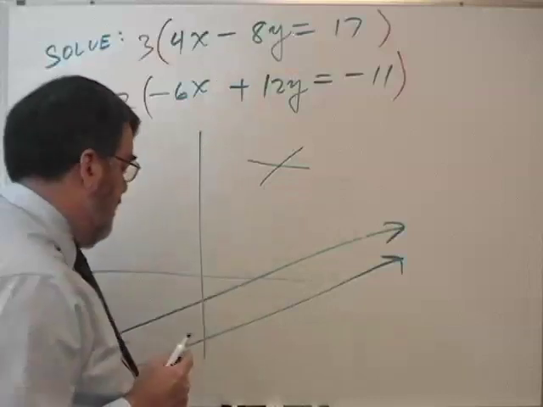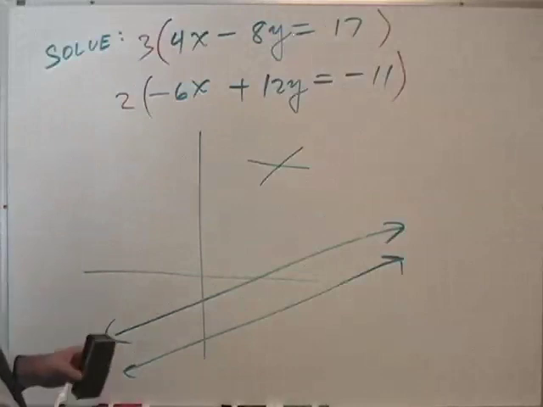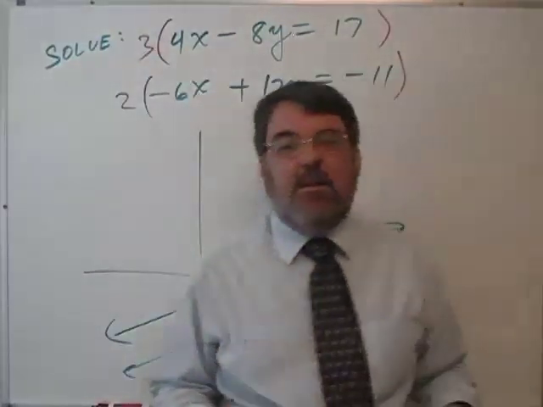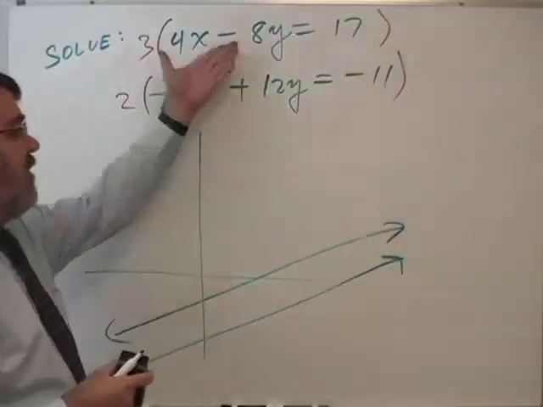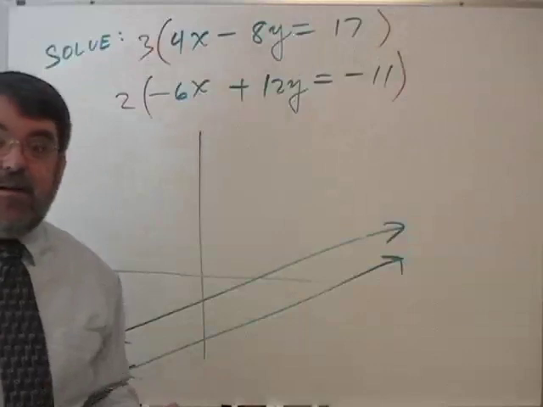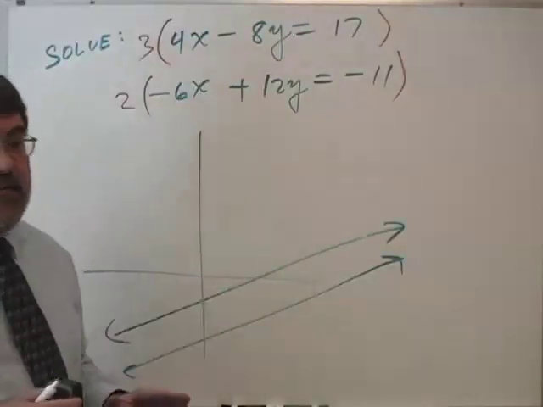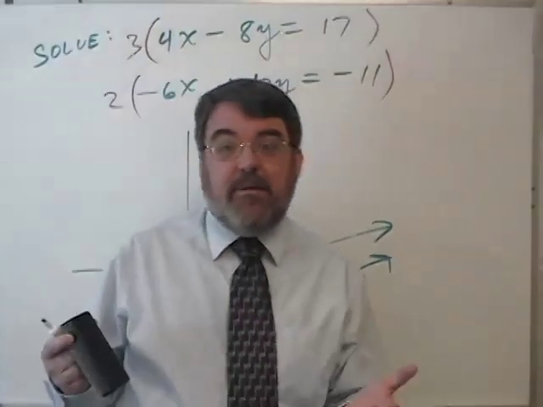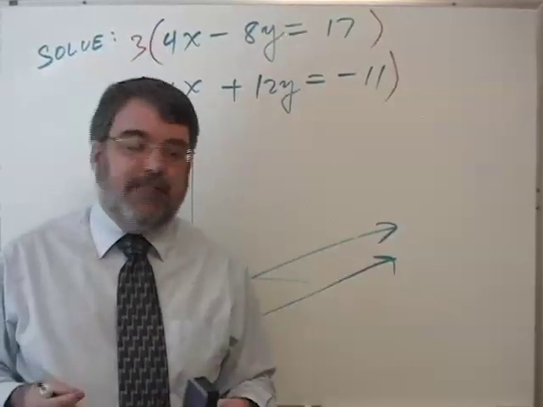There's one answer. But in the parallel case, it's impossible to solve. And I think the wonderful thing about this is that the algebra confirmed it. If these represent parallel lines and the solution is the intersection of two lines, it's impossible to solve geometrically. And the algebra bore that out. When we tried to solve, we got something that was impossible to deal with.